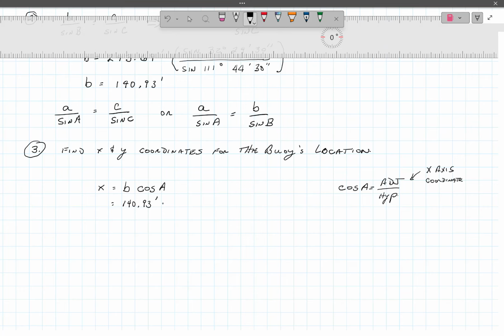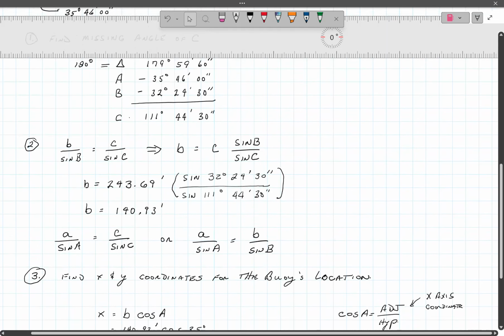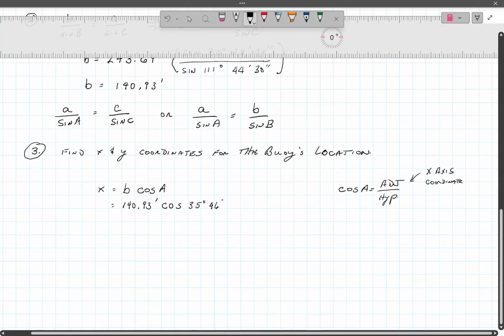Okay, and we're going to multiply that times cosine of the angle A, which is 35 degrees, 46 minutes, and 0 seconds.